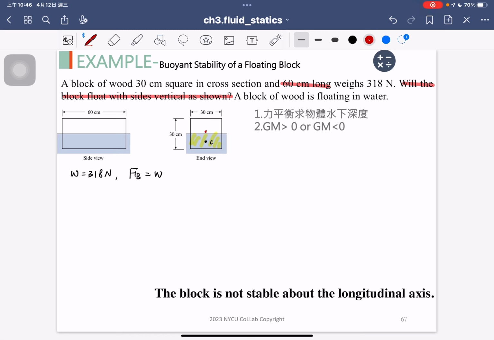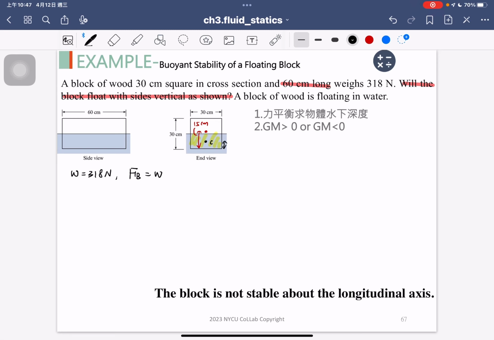The G point is the gravity point, which means it's the center of the block. So for the center of the block, the length here, the red line, is 15 centimeters, right? Because it's half of the width of the block. But right now we didn't know the C length to the bottom.